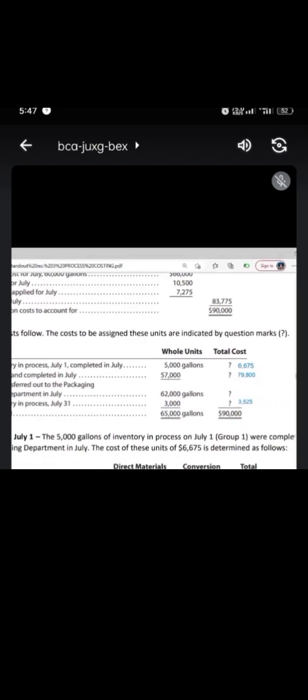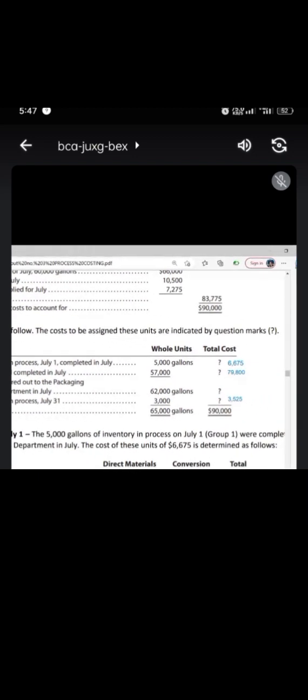Okay. Now, add these 3. Kaning cost ni Group 1, cost ni Group 2, ug cost ni Group 3. Pila? 90,000 ma'am. Okay. Shoot siya sa banga. 90,000 is your total cost.